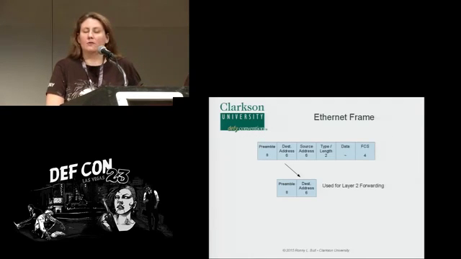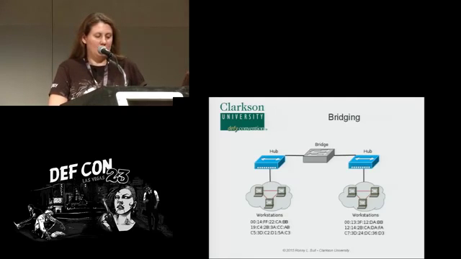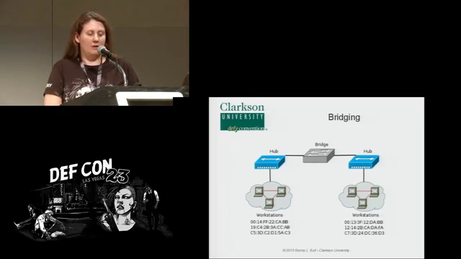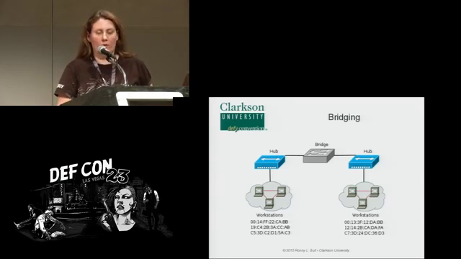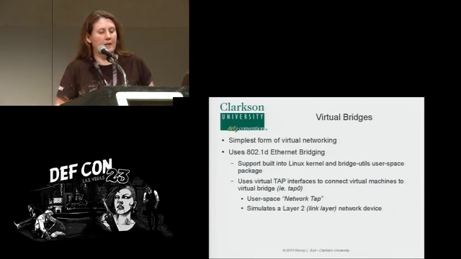Here we see the layer 2 Ethernet frame. Basically, the decision is being made based on that destination address. And here's the classic bridge picture. It's very simple. If a frame is sent in one domain and it's destined for something in that domain, it stays put and doesn't cross the bridge. If it's destined for another domain, it will be forwarded according to the information in that table.